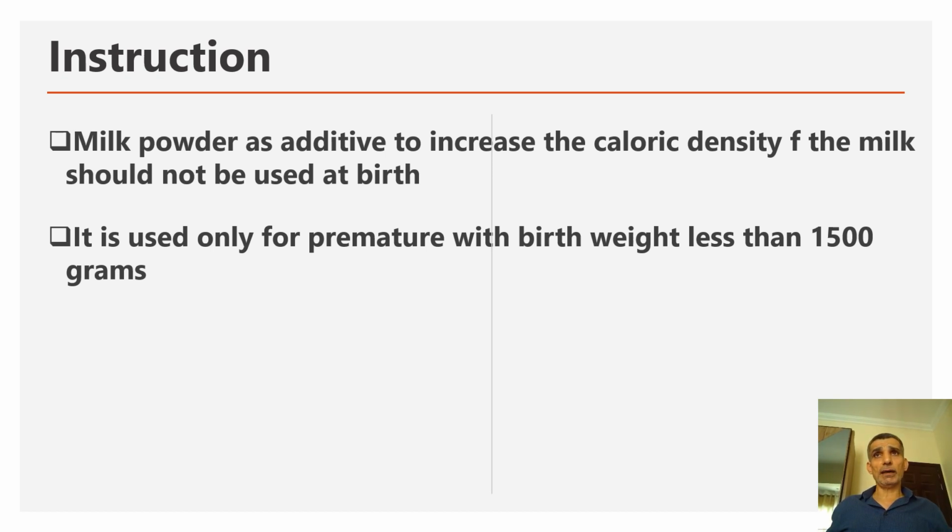Most of these additives are used for babies who are very low weight that we want them to grow. So the limit is babies less than 1,500 grams. I think sometimes we can add to babies whose birth weight is more than 1,500 grams, but this is very rare and needs special consideration.